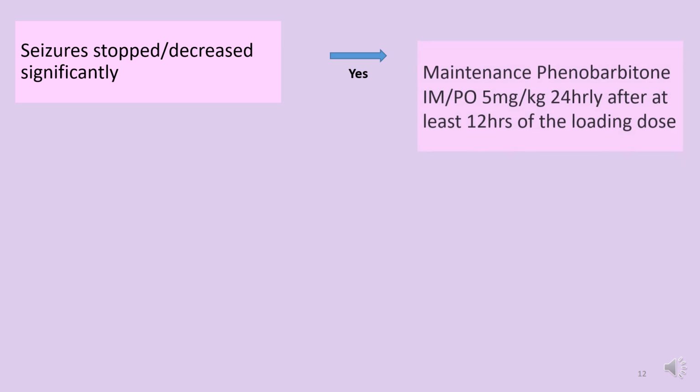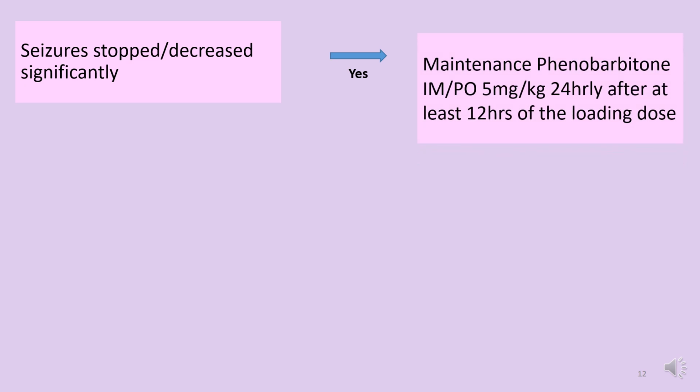However, if the seizure has stopped significantly, then you need to start them on maintenance phenobarbital. And the dose is 5 milligrams per kg per day, and it is usually started 12 hours after the loading dose. The administration route can either be intramuscular or per-oral.